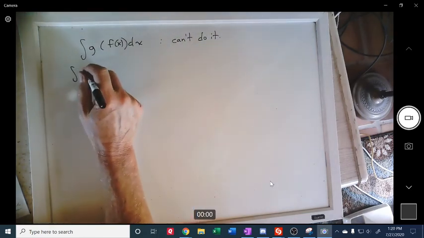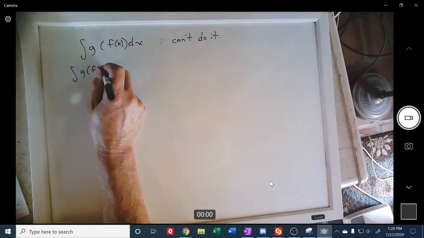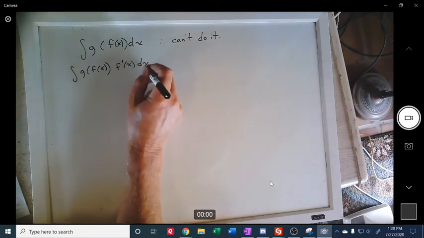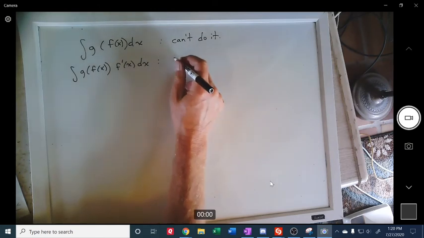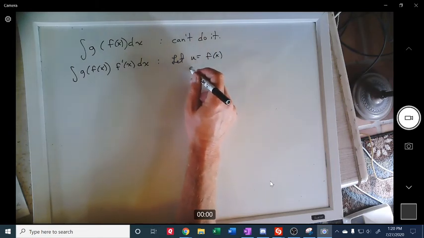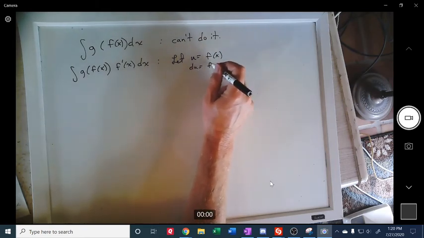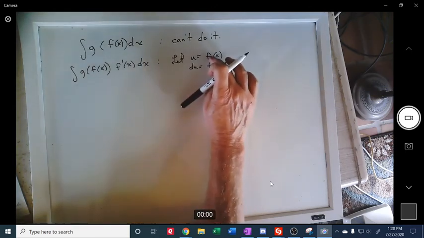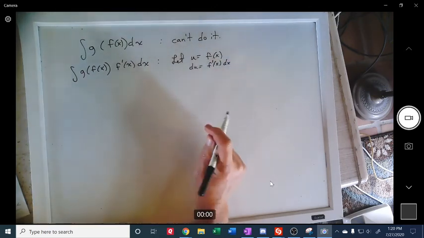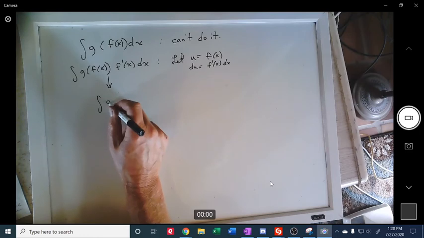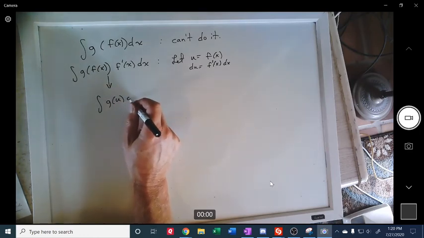The integral of g of f of x with an f prime of x dx, we will let u equal f of x, du will wind up equaling f prime of x dx. We'd really get du dx and then multiply both sides by dx. So we get f prime of x dx, like this. And then this becomes the integral of g of u du.